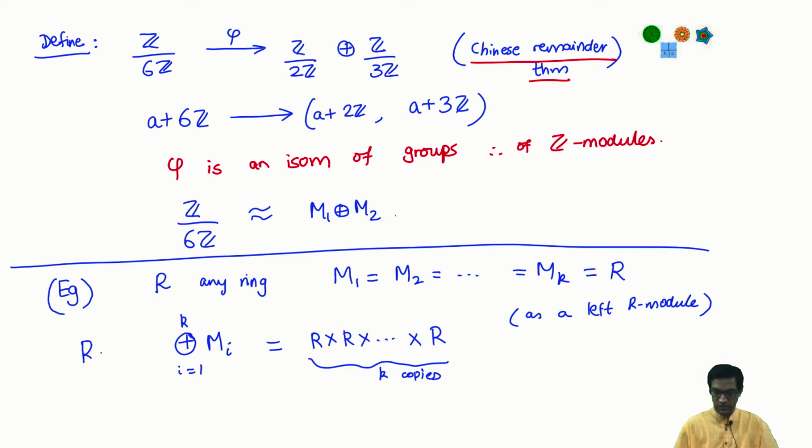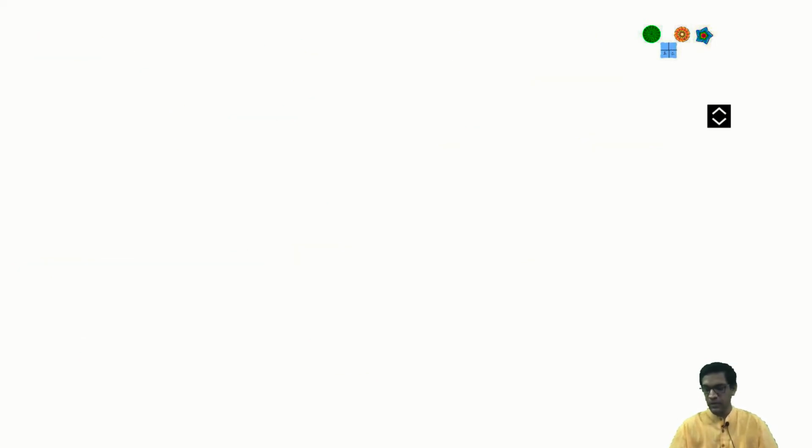This set is what we usually denote as R^k, right? So the direct sum of R with itself k times is, as a set, R^k, with component-wise addition and scalar multiplication. So this is again an example of a direct sum.